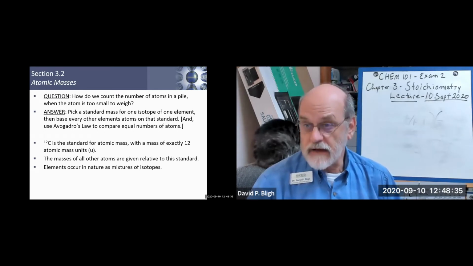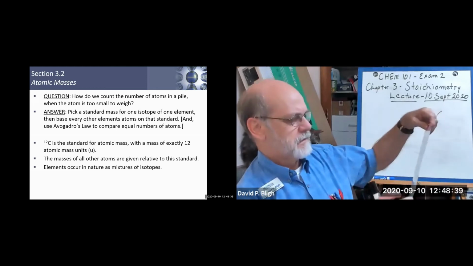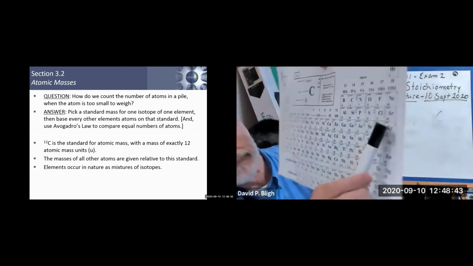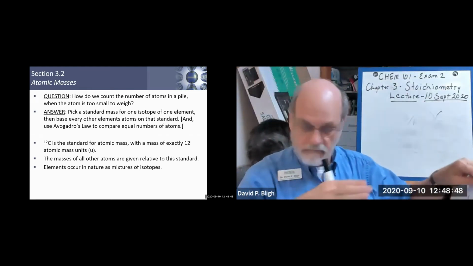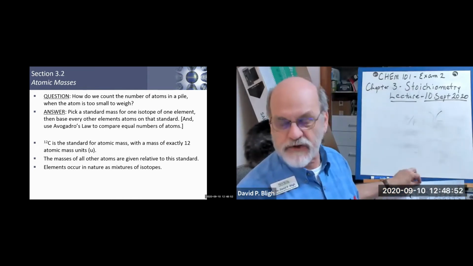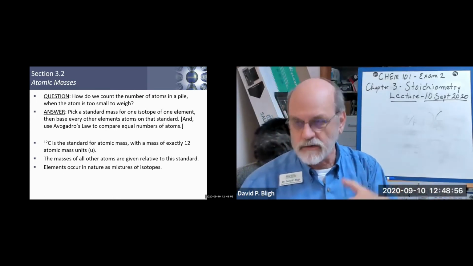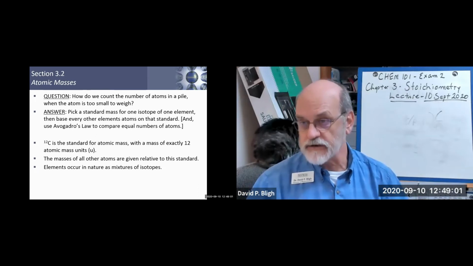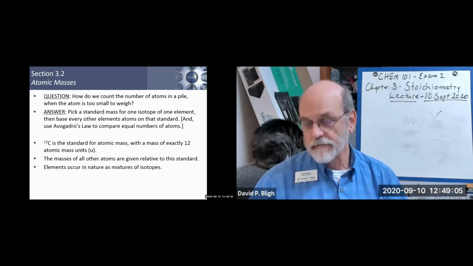Some of them, like, let's see, chlorine, are about 50-50, two different isotopes. But most of them have a majority of one isotope and then minor other isotopes. Like carbon-12 is the most common isotope of carbon, and you have a carbon-13 and you have a carbon-14.